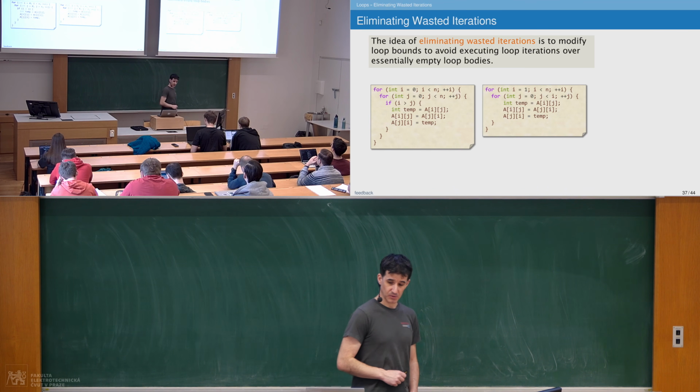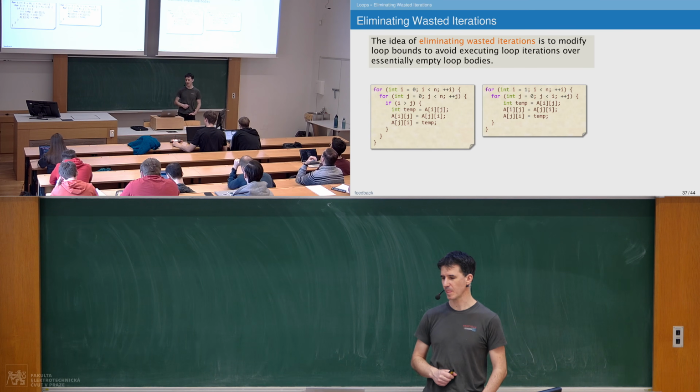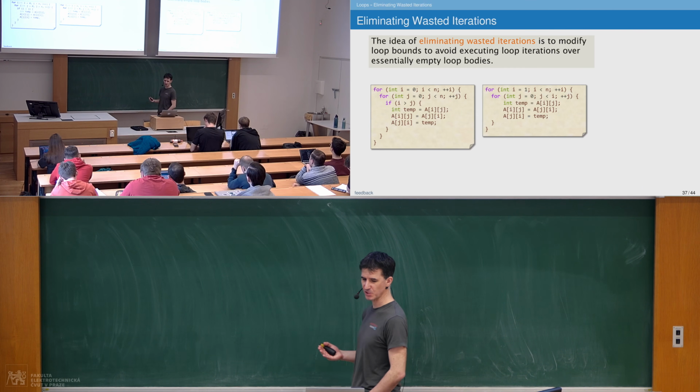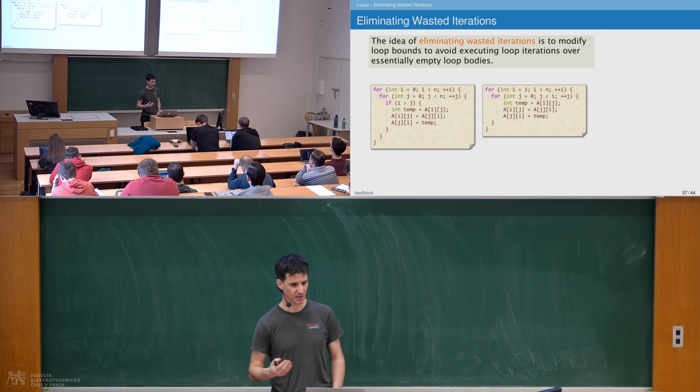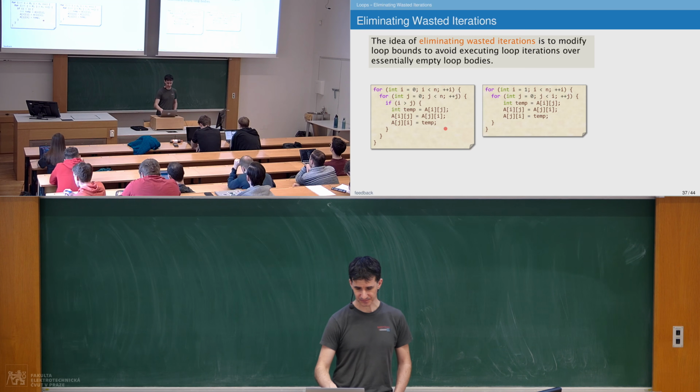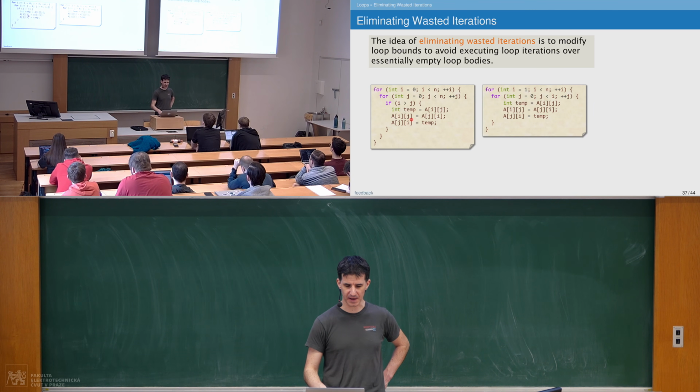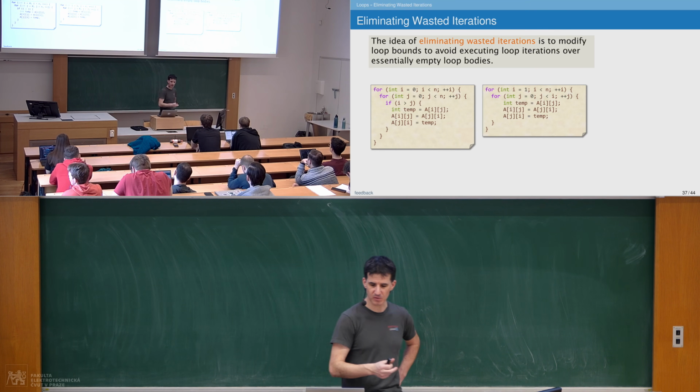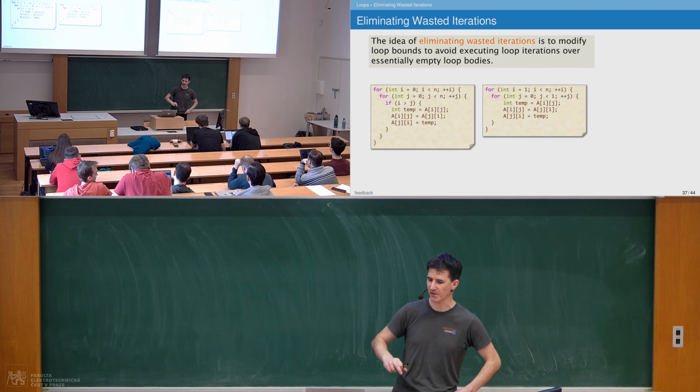And last but not least, another optimization is elimination of wasted iterations. So for example, here we are comparing some values, or we are swapping the values in an array.